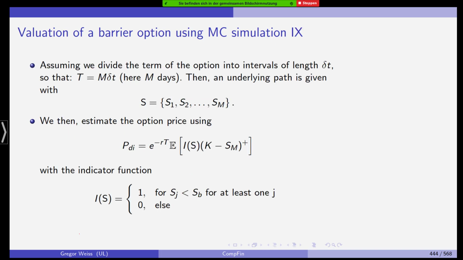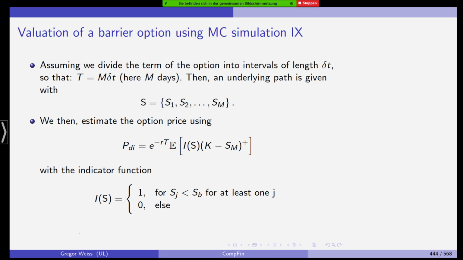Assuming now we divide the term of the option into intervals of length delta t, so that we have capital T equals m, for example m days, times delta t, then an underlying path simulation is given by S1, S2, S3, and so on, up to Sm.